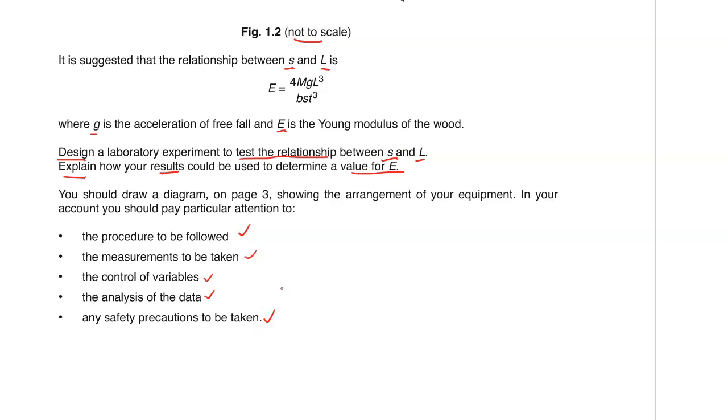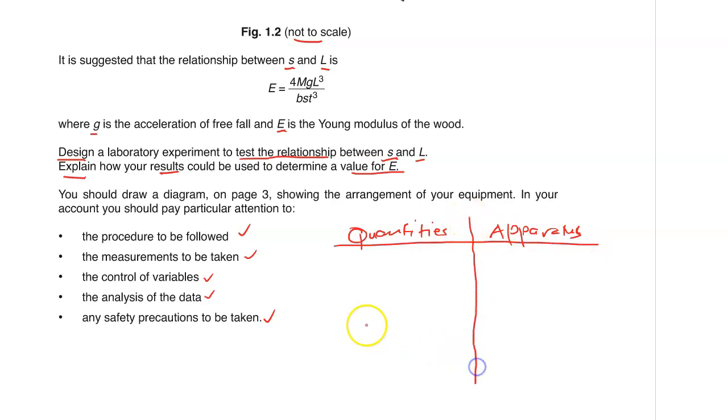Now, the best way to work out this question is to identify the quantities that are present in this equation. So let's look at the quantities. Once you get to know the quantity, then figure out the suitable apparatus that you need to use to measure the quantity that you have in mind.